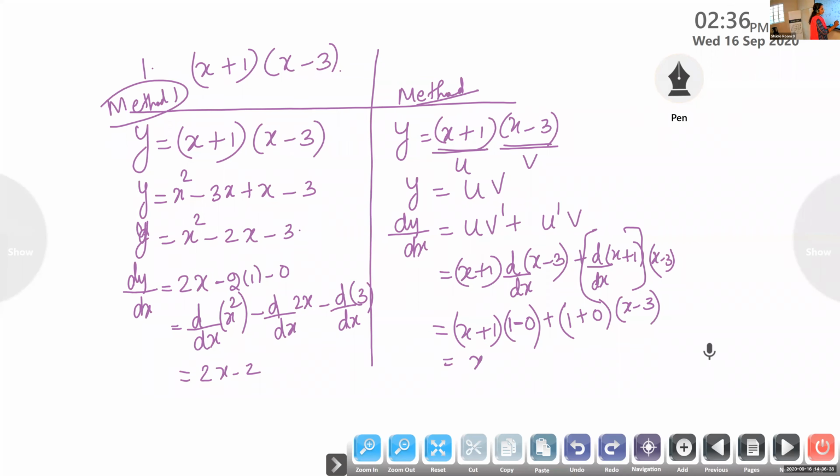So for the first one, we applied the formula. Here we are using the product rule. The same question we can do by using first principle.